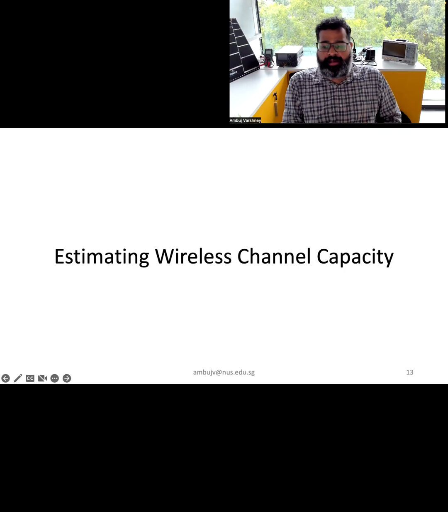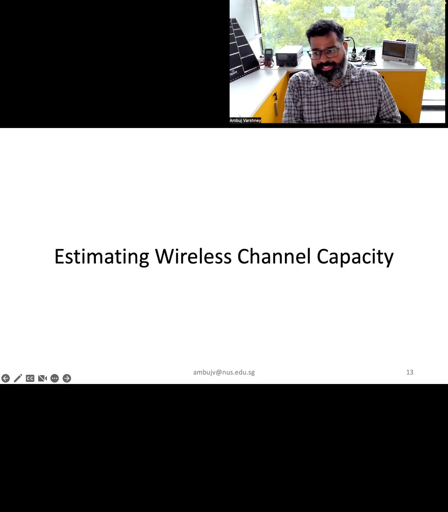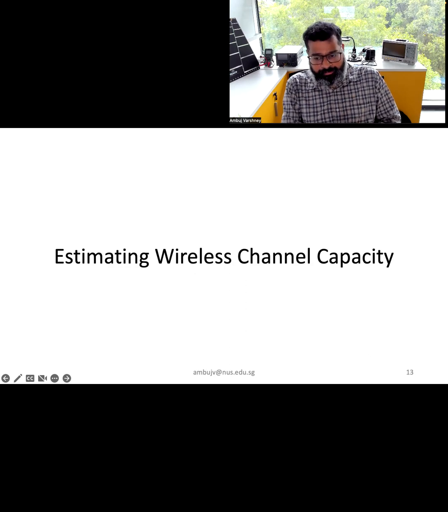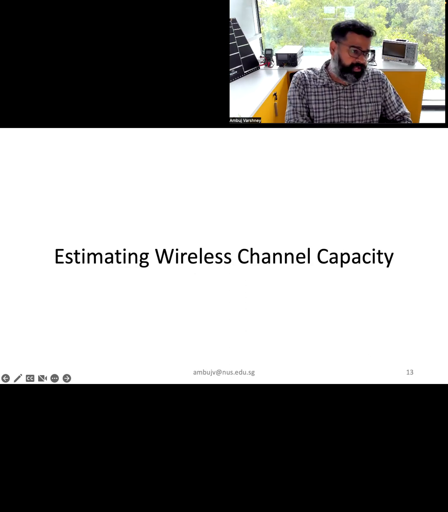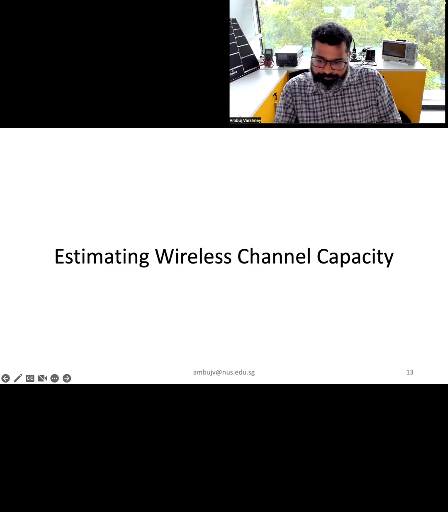Thus far, we have examined methods of determining the strength of the received signal and estimating the communication range. In the next part of the lecture, we'll look into determining the capacity, or the maximum data rate, for wireless communication. That means how much information you can send over a particular part of the wireless spectrum.